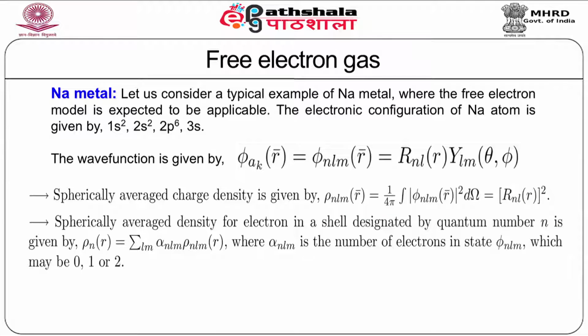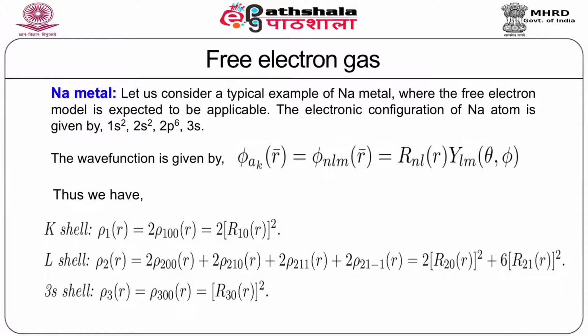The spherically averaged density for electrons in a shell designated by the quantum number n is then given by rho_n, which is a summation over l, m, with a coefficient alpha_nlm times rho_nlm, which is a function of r, where alpha_nlm is the number of electrons in the state phi_nlm, which may be 0 or 1 or 2.